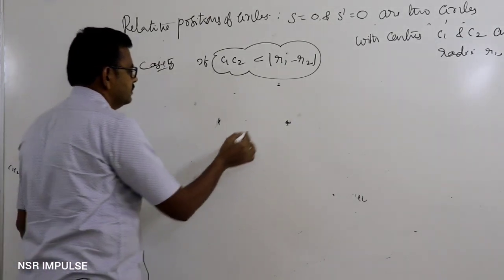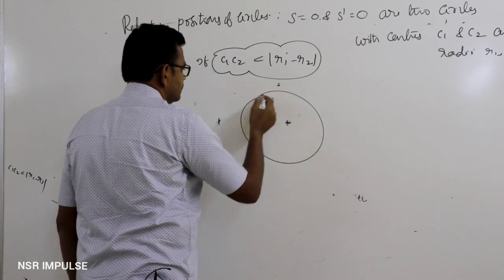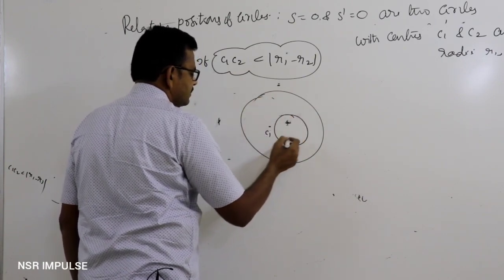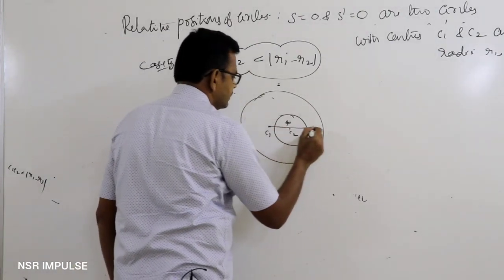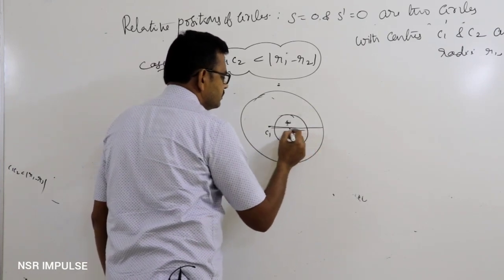So this is the center of a circle and this is the center of the second circle. This is the radius R1, and this radius is R2.